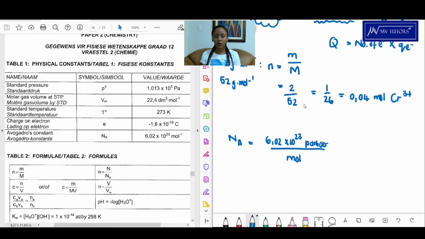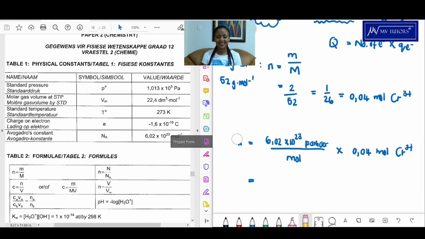And what we're going to do there, if we want to get the number of electrons, is multiply this 6.02 times 10 to the 23 particles by the number of moles of chromium, so that we can see how much we actually have there. Once you do that, the mole will cancel out, and we're going to get the number of electrons, basically. Actually, I should have said here number of electrons.